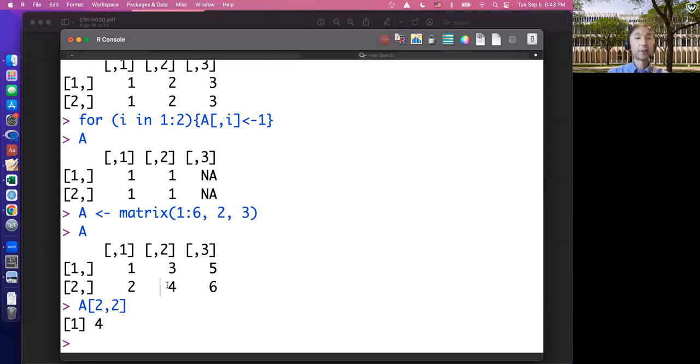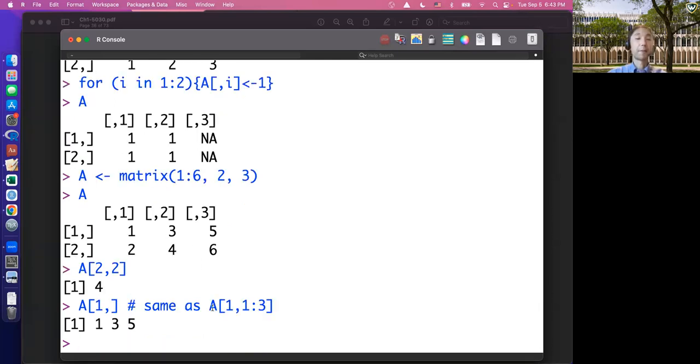So this returns the element in the second row and the second column of A. And if we type A bracket comma nothing, what happens? Actually, this nothing means that we select all columns. We have 3 columns. So this is the same as 1, 3, 5.